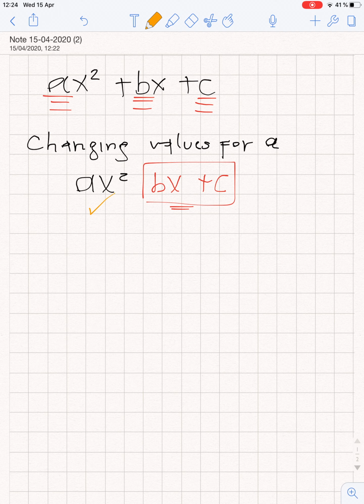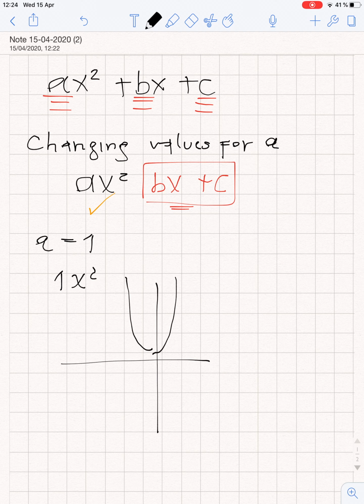First, when you change the value for a, for example, we are going to say that a is equal to 1. We will have that the expression is 1x squared. In this sense, we can see this kind of graph where the value for a is equal to 1.